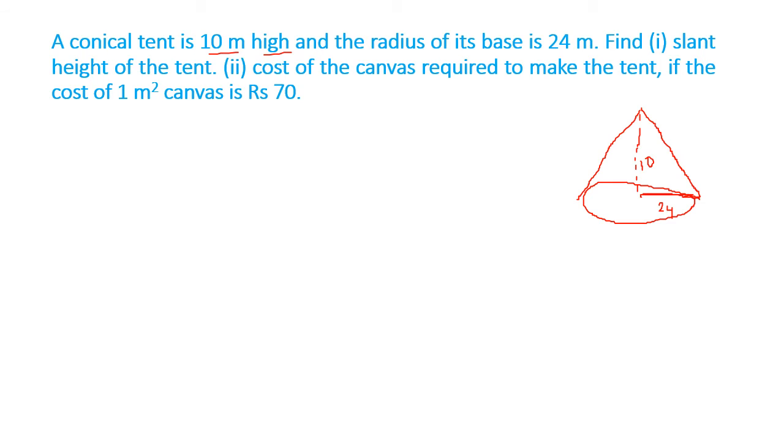First find the slant height. The cost of the canvas to make the tent, if the cost is 70 rupees for 1 meter square. So that we'll do later on.